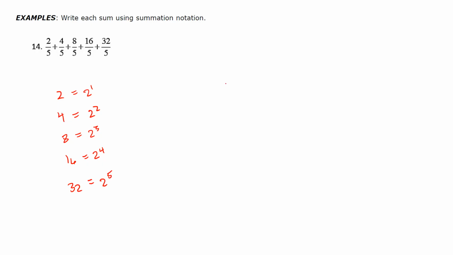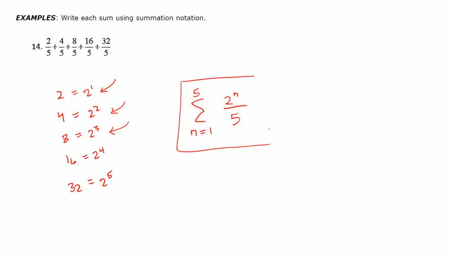So if I were to set up my summation, I would take 2 to the power n over 5. Where my first term is 2, my second term would be 4, third term 8, and so on. So n is going to start at 1, and we're going to go all the way to the fifth term. So this would be our summation notation for this series.